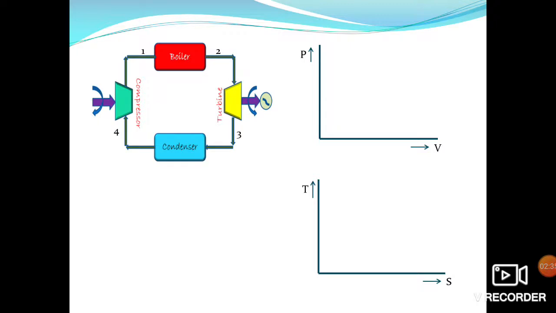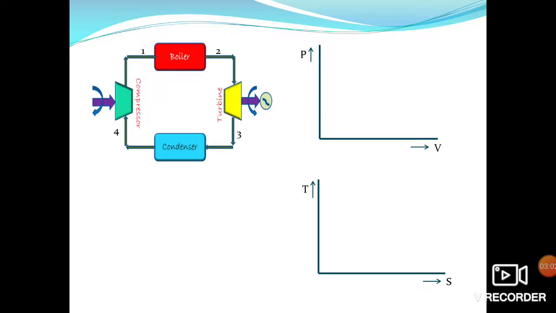So let us see the process 1 to 2. Between this process 1 to 2, there is boiler. In this boiler, the saturated water is isothermally, that is at same temperature and same pressure, converted into dry steam. That is saturated water at point 1 will be completely converted into dry saturated steam at point 2 under the same temperature and pressure.